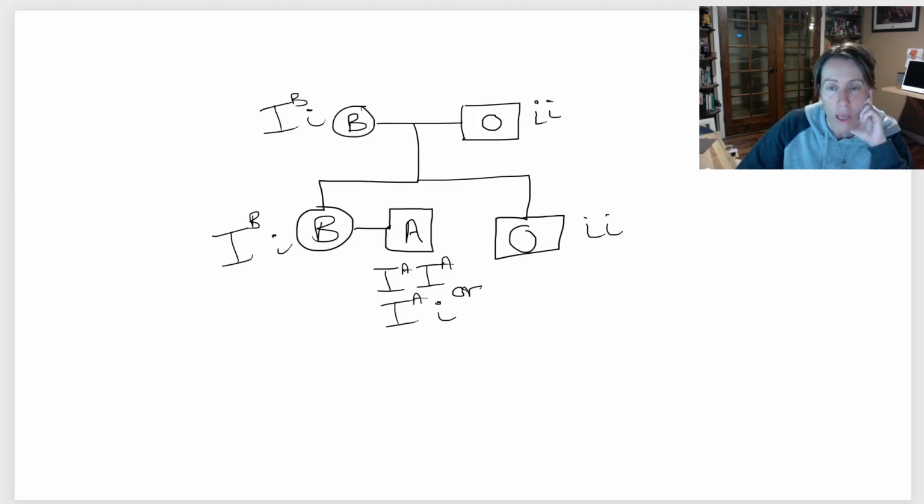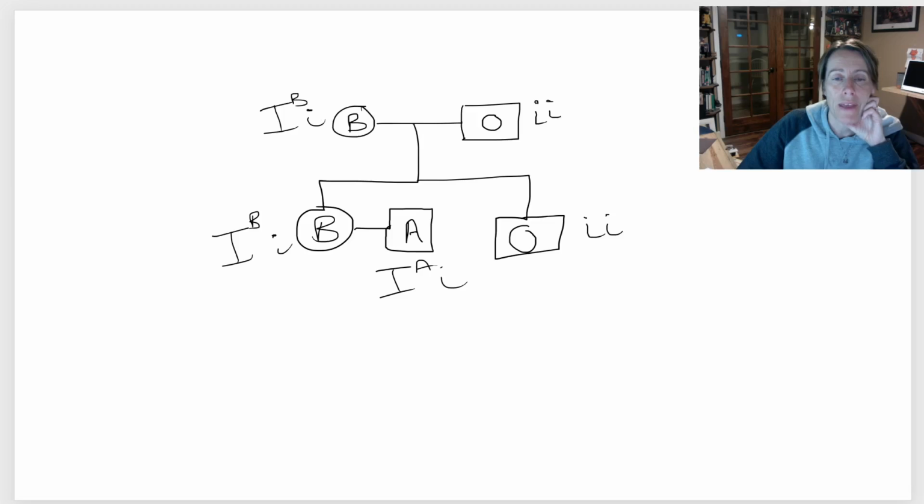I do know that his mother was type O. So knowing that my husband's mother was type O, which means his mom was two little i's, she must have given him a little i. So we can cross this one out, right? We know he can't be this. So we know he's got to be big I A, little i.